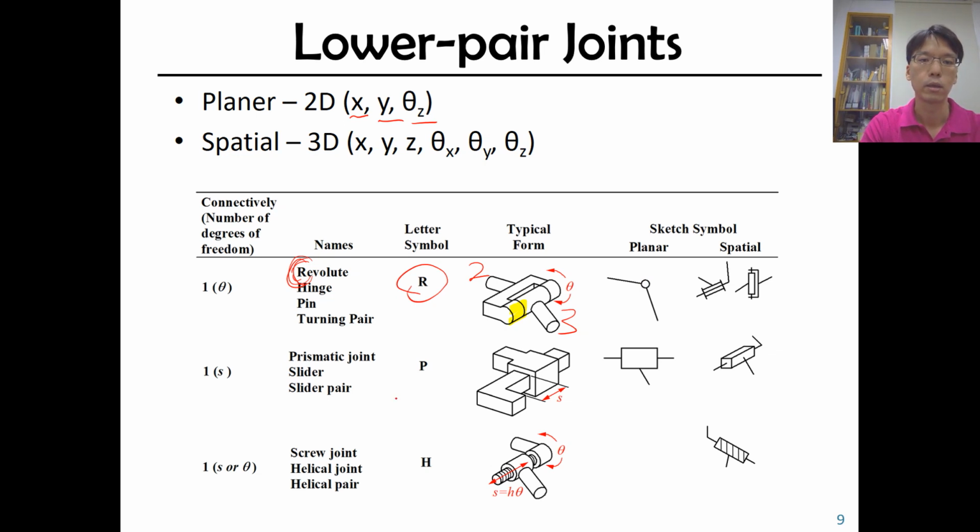The second one we are going to talk about is the prismatic joint, also called a slider or slider pair. We use a symbol to abbreviate it, so we'll call it a P joint. A P joint means the two components only have relative linear motion in one direction.